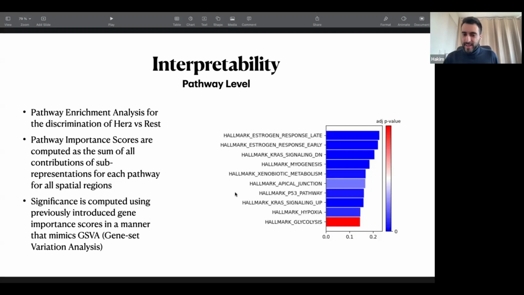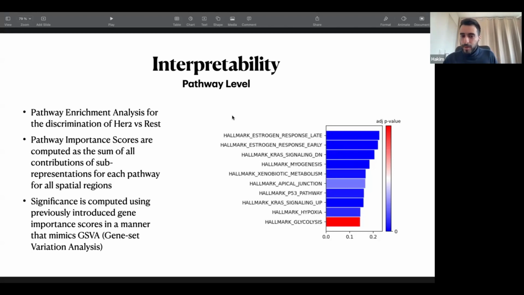But in our setting, in the same vein as in gene set variation analysis, we can use a differential study that outputs the significance of each pathway enrichment score.